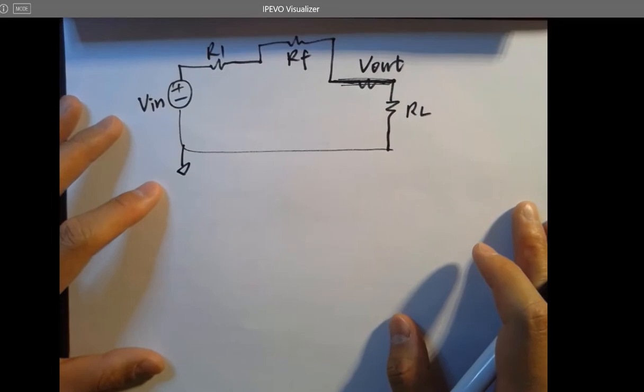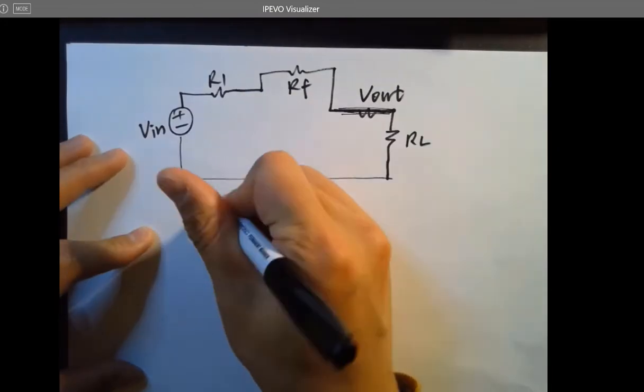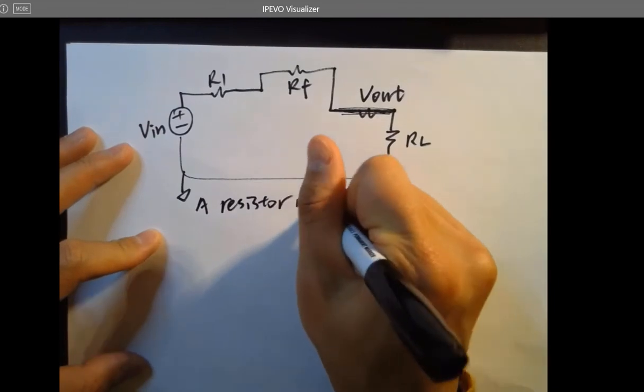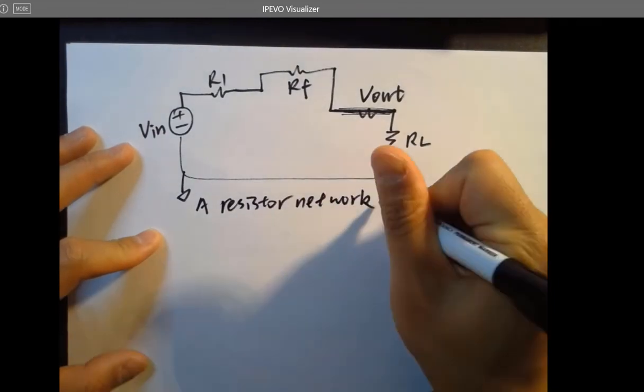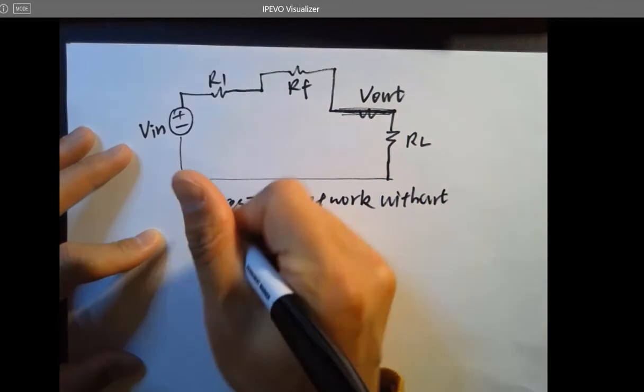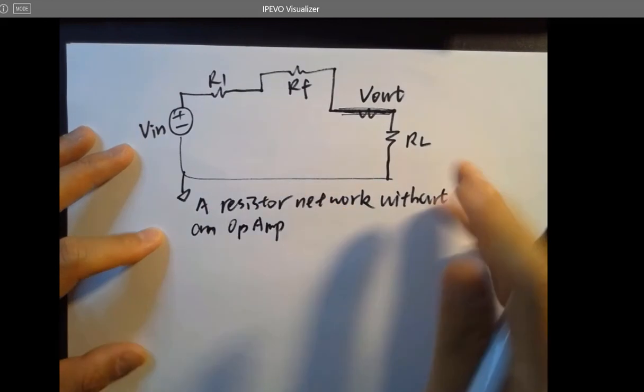All right. If we only draw the resistors like this, this is a resistor network without an op-amp. What's going to happen over here?